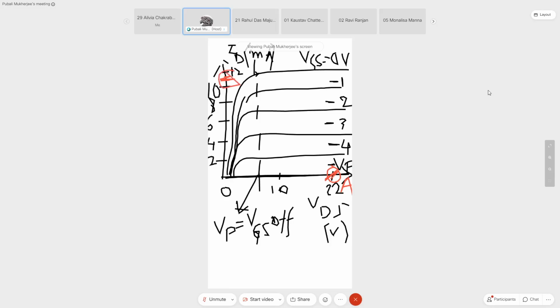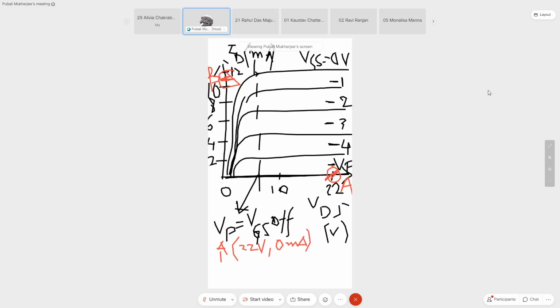Please note it down in your notebook, students. So for point A, the x coordinate is 22 volts, and the y coordinate is 0 milliampere.